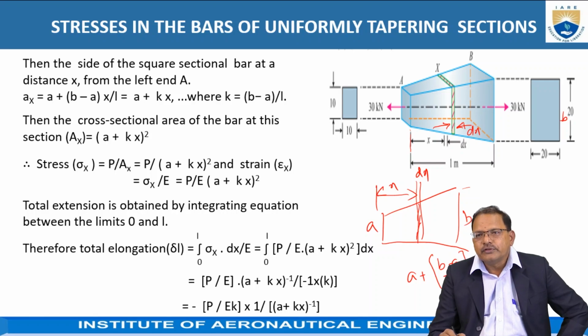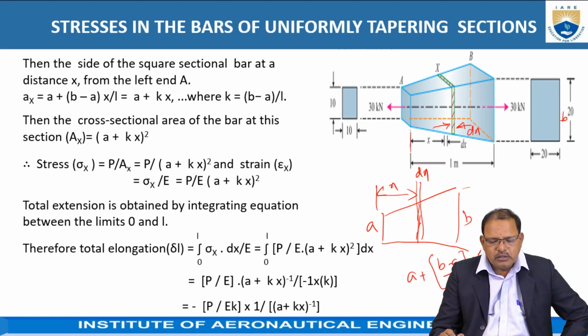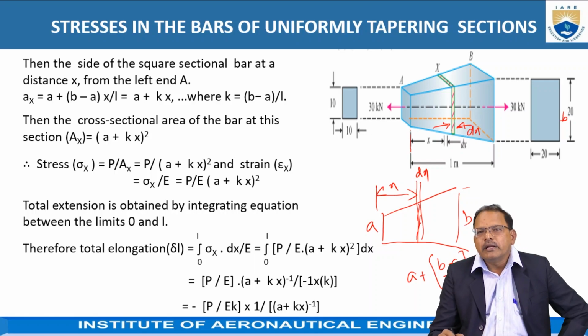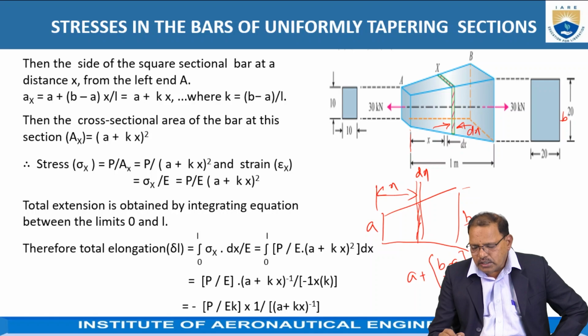L is the length of the taper section, and we are considering at a distance of x. So B minus A divided by L is a constant for that particular section. Hence, we are taking it as K. Simply it can be written as A plus Kx.